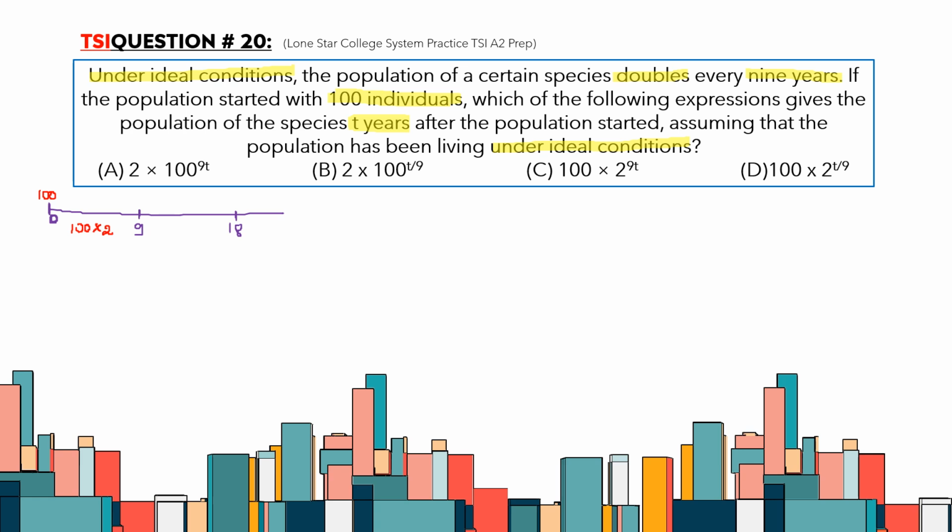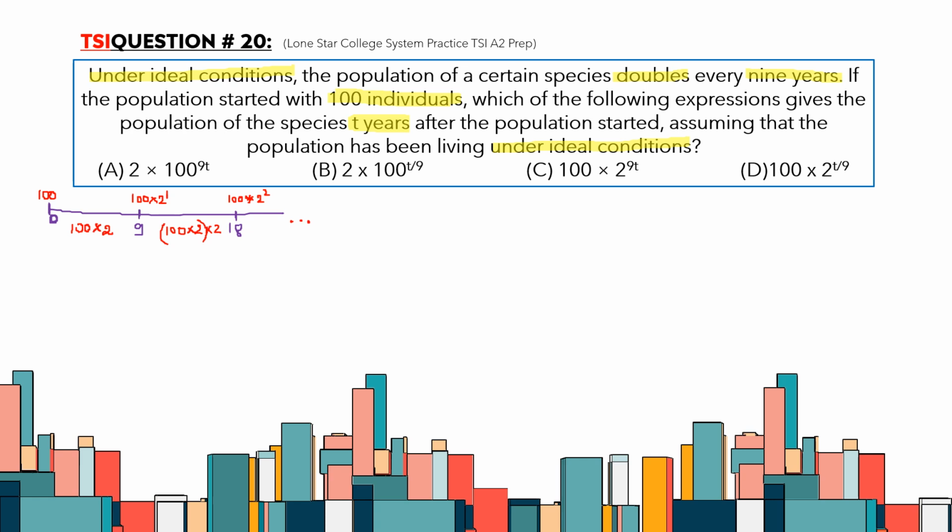Then next we will have 100 multiplied by 2 multiplied by 2. So right here we'll have 100 multiplied by 2 squared. Here it is 2 to the 1. And then we continue, right?